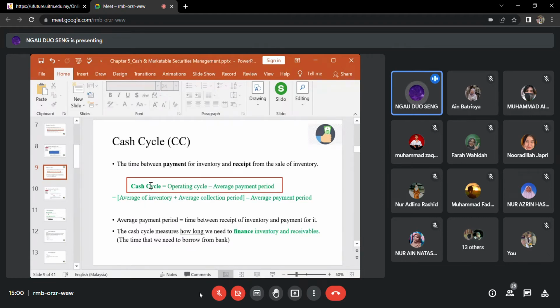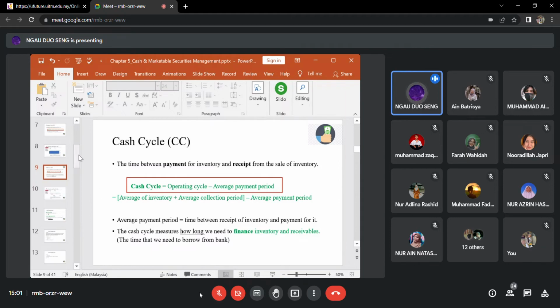So cash cycle actually kita calculate period, how many days. So the cash cycle measure how long, CC, cash cycle, how long we need to finance inventory and receivable, which is the time that we need to borrow from bank.